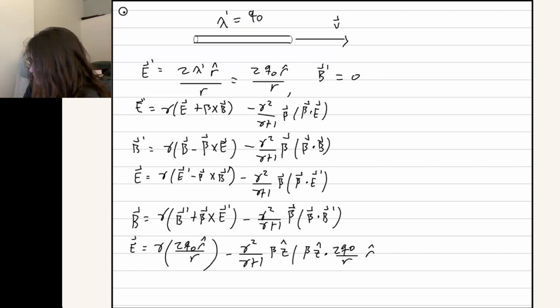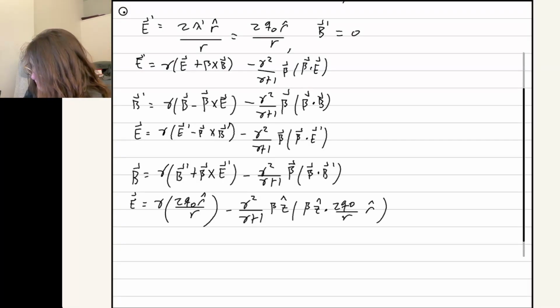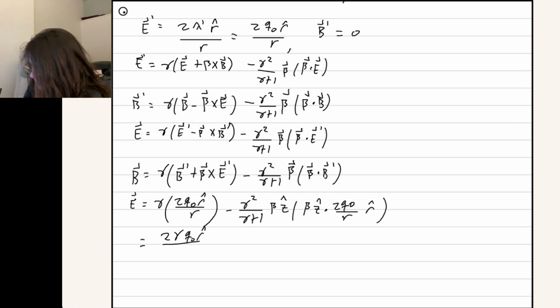But z hat dot r hat is 0 because they're orthogonal unit vectors. So we just get 2 gamma q naught r hat over r. Okay.